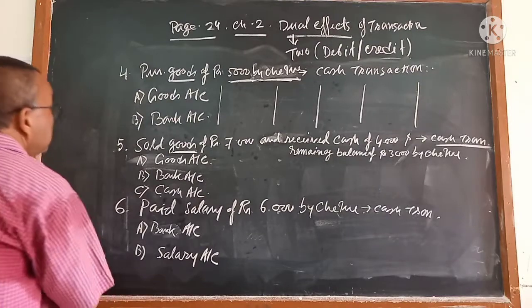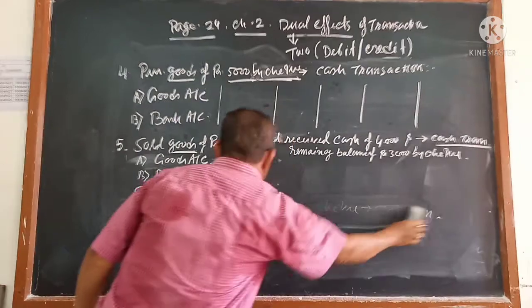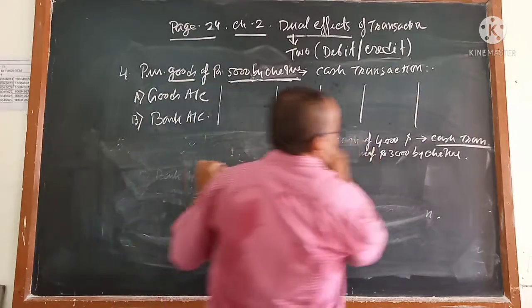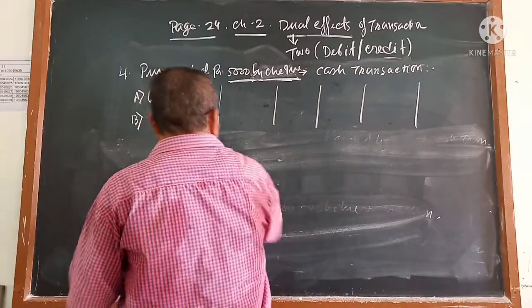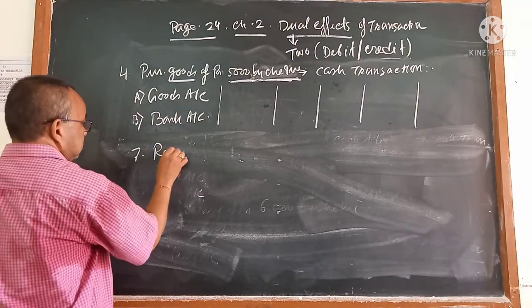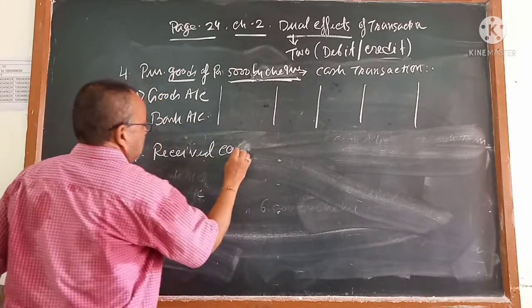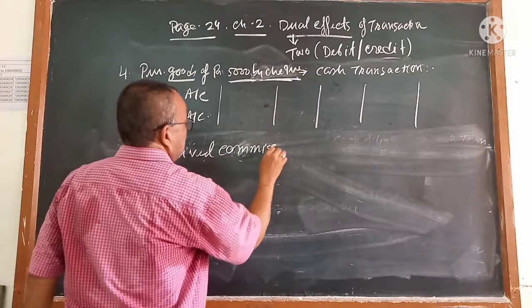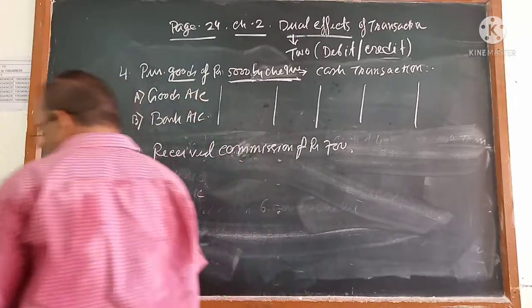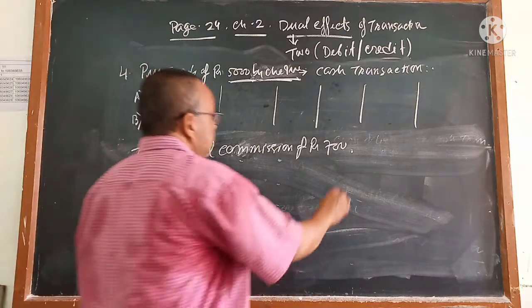Next, suppose the 7th one. The 7th one is given: receipt of commission of rupees 700. Obviously, it is a cash transaction.